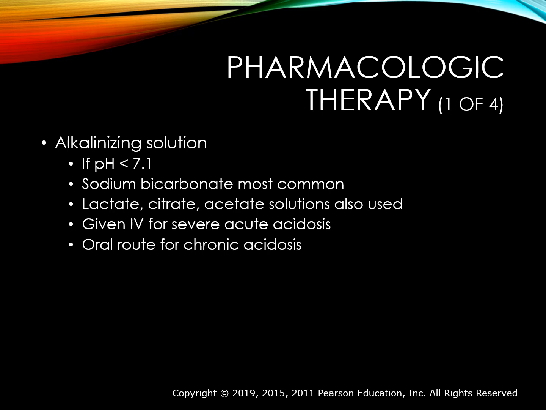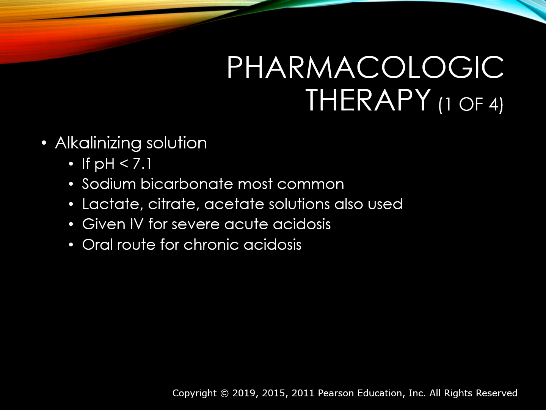And then our pharmacologic therapy. To reduce the effects of acidosis on cardiac function, an alkalinizing solution, such as bicarbonate, may be given if the pH is less than 7.1. Sodium bicarb is the most commonly used alkalizing solution. Others include lactate, citrate, and acetate solutions, which are metabolized to bicarbonate.